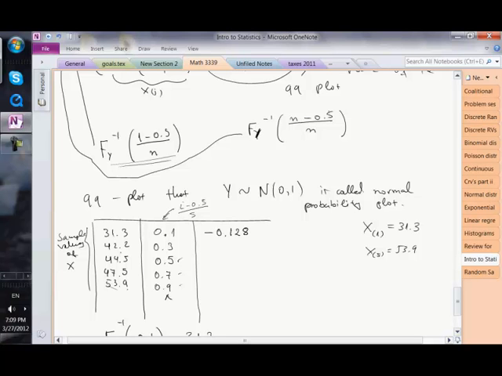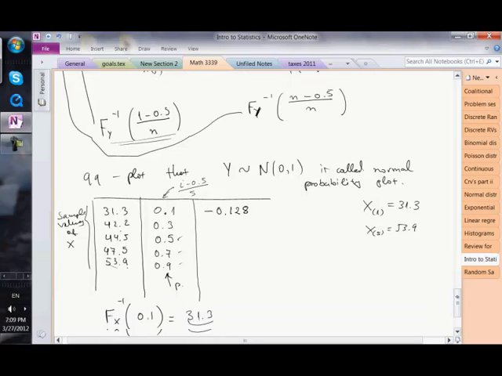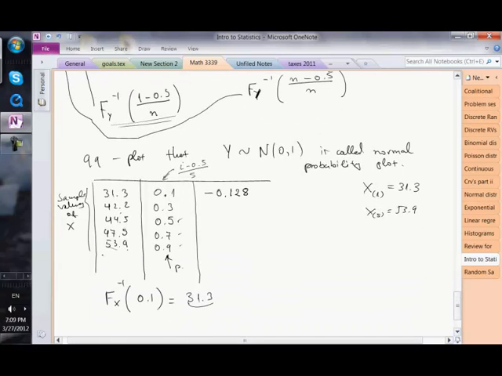So these are the so-called p-values. Here, the QQ plot will be these values, and at that point, I'm taking F of Z inverse of 0.1. It's an approximation, you're not going to be able to take those points precisely. My next point is what value of z gives probability equal to 0.3?